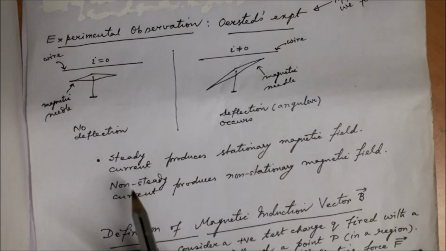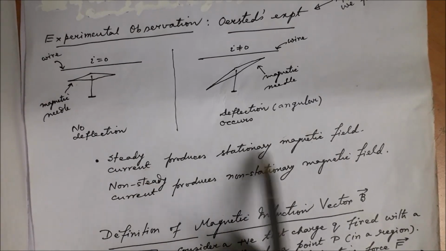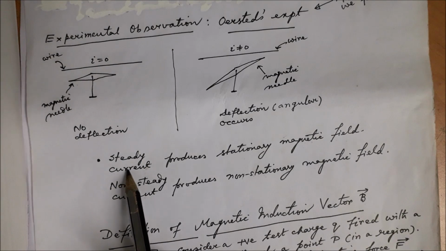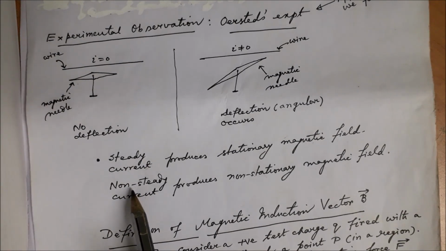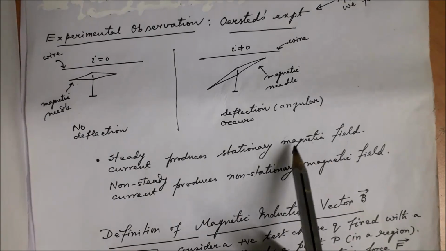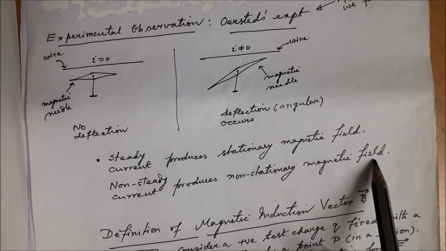So let us state again, steady current produces a stationary magnetic field, and we can rephrase it by noting that if the current happens to be non-steady, then the magnetic field associated with the current will also become non-stationary. So non-steady current produces non-stationary magnetic field.